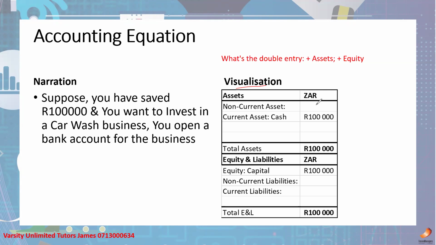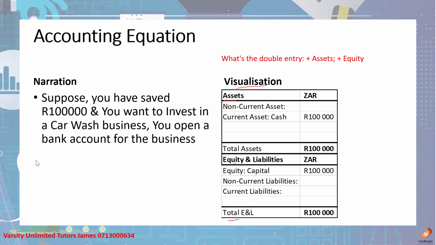The statement of financial position, also known as the balance sheet, is based on the accounting equation. So remember, we said assets is equal to equity and liabilities. Do you see that on this diagram, there are two things. There's assets on one side, total assets. Then there's equity and liabilities on the other side, total equity and liabilities. So this is a visual representation of what a balance sheet can look like. Of course, it's simple, but I just wanted to show you visually what we are talking about.